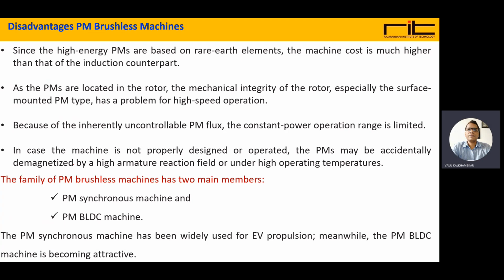The family of permanent magnet brushless machines has two types: permanent magnet synchronous machine and permanent magnet BLDC machine. The permanent magnet synchronous machine has been widely used for electric vehicle propulsion. Meanwhile, the permanent magnet BLDC machine is becoming more attractive.